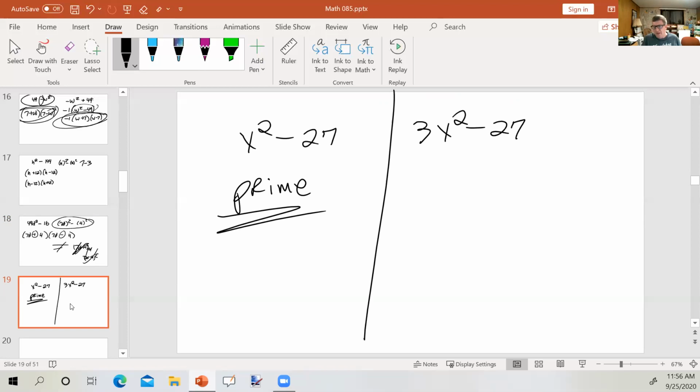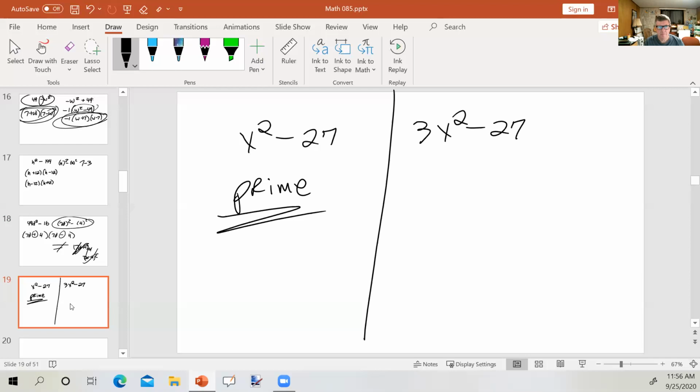How about this problem? 3x squared minus 27. I need to warn you, I'm trying to trap you here. Watch out. Well, 3 isn't a perfect square and 27 isn't either.